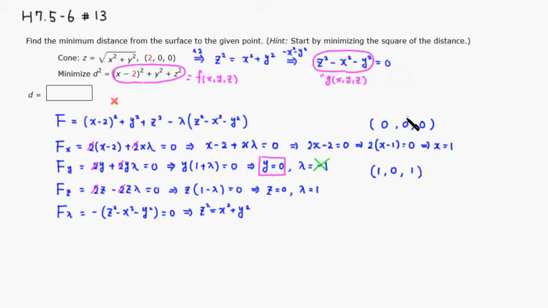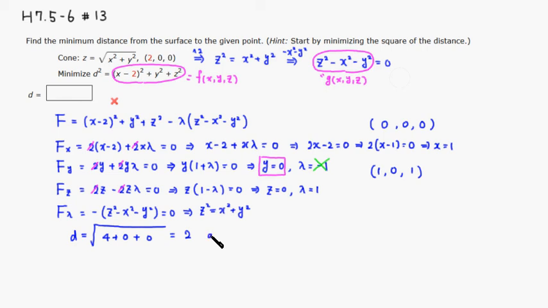Those are the critical points, so let's find the distance at these two points. At 0, 0, 0, the distance is the square root of (0 minus 2) squared, which is 4, plus 0 plus 0, so the square root of 4, which is 2.